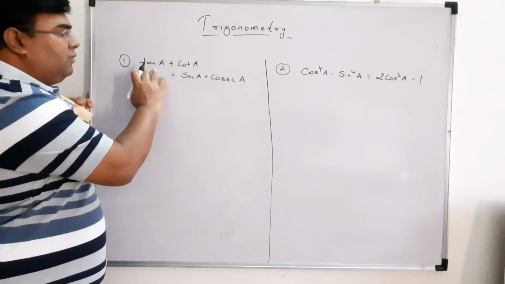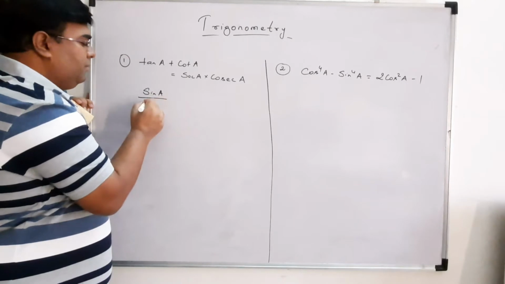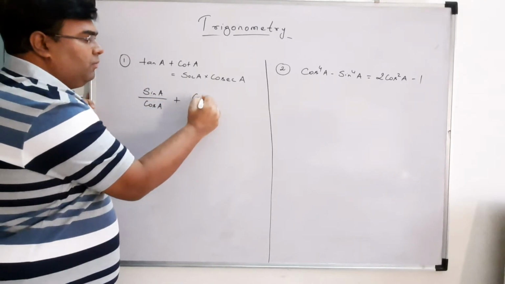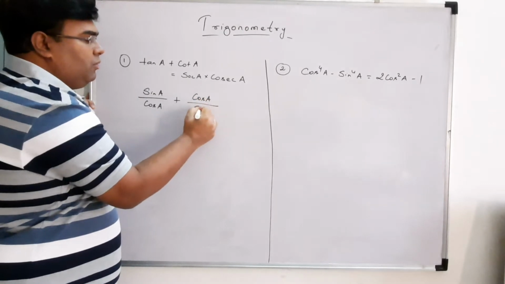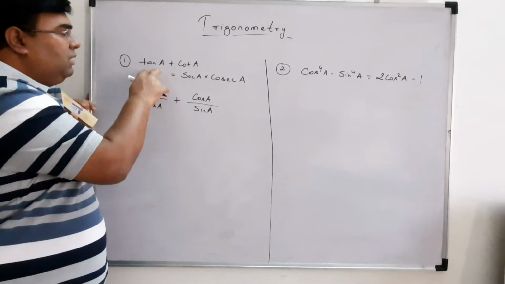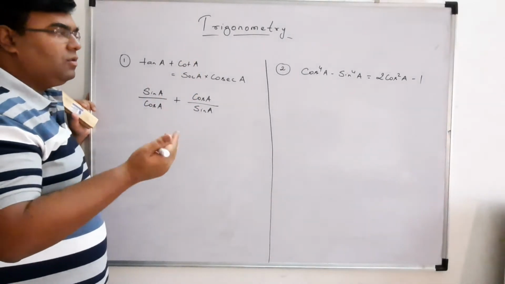So you can convert tan A into sin A upon cos A, and cot A will be cos A upon sin A, correct? We have converted tan A and cot A in the form of sin and cos.